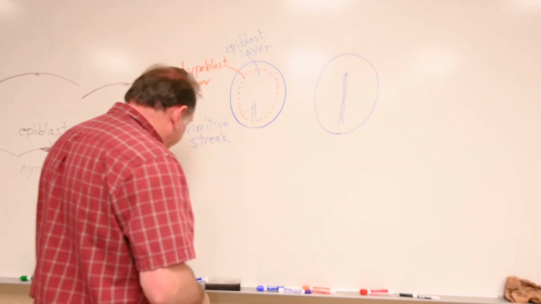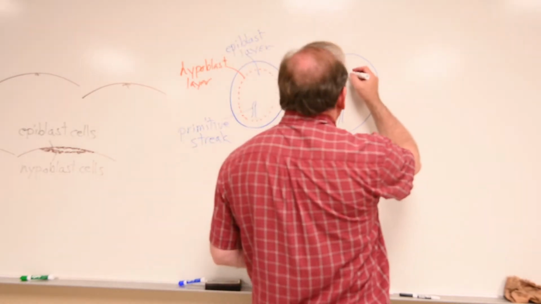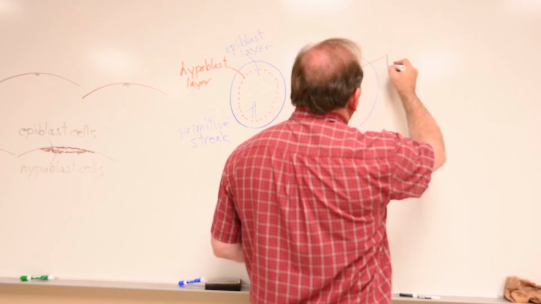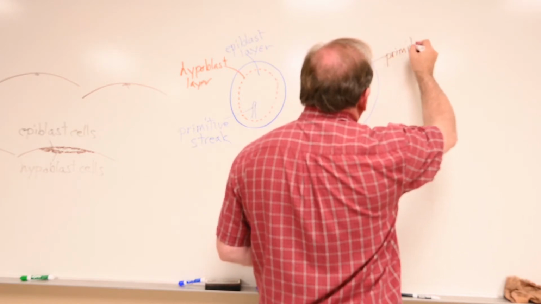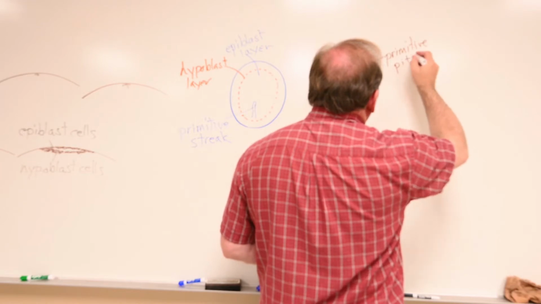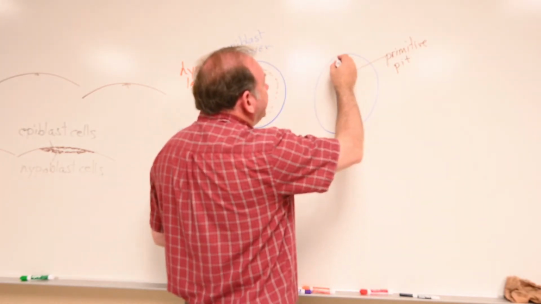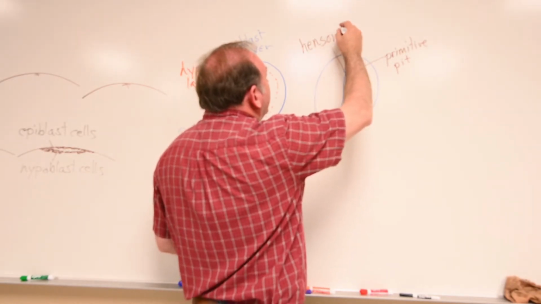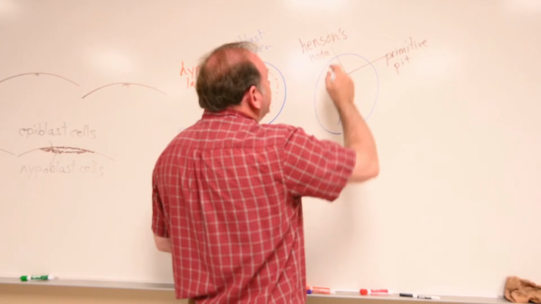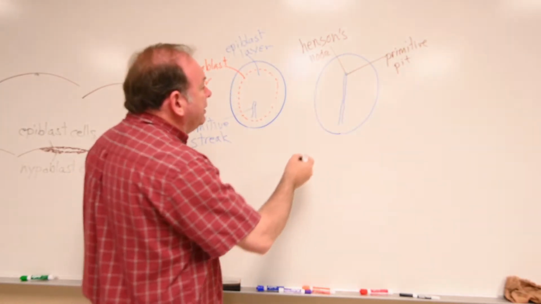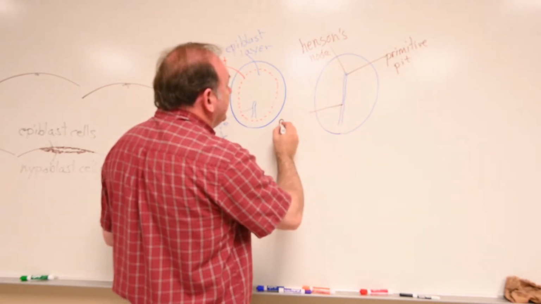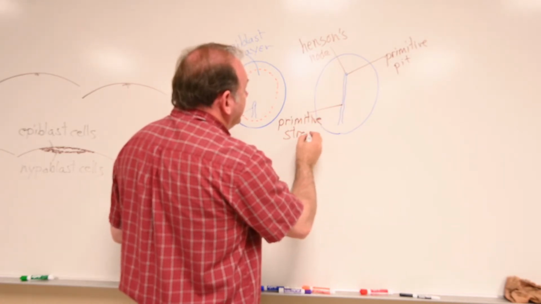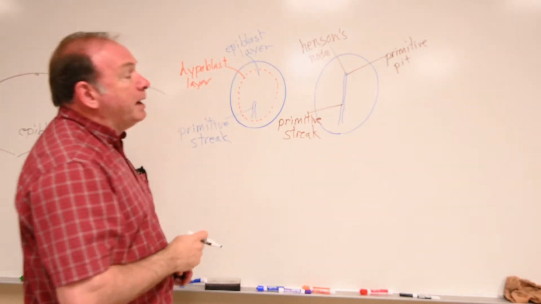That little divot or depression is sometimes called the primitive pit. The area surrounding that little divot right there is referred to as Hensen's node. So Hensen's node with primitive pit, and the remainder of this back here is primitive streak. Primitive streak back behind.